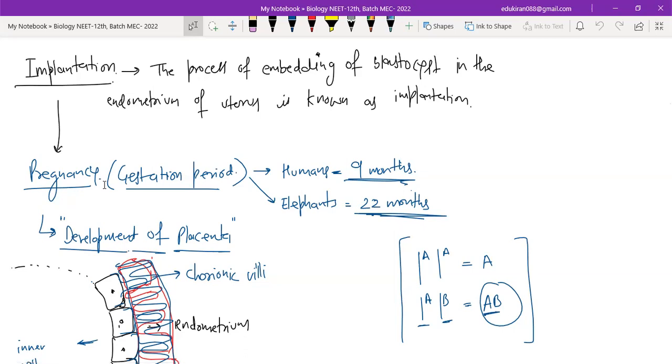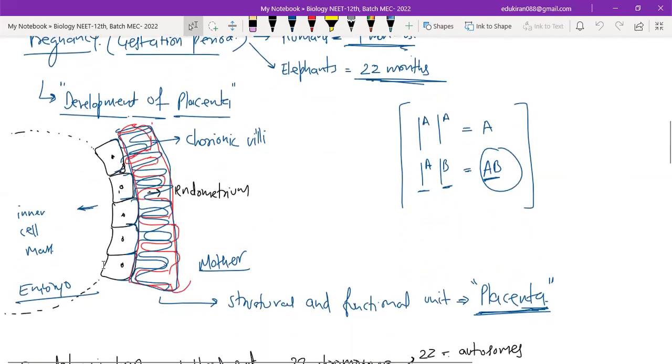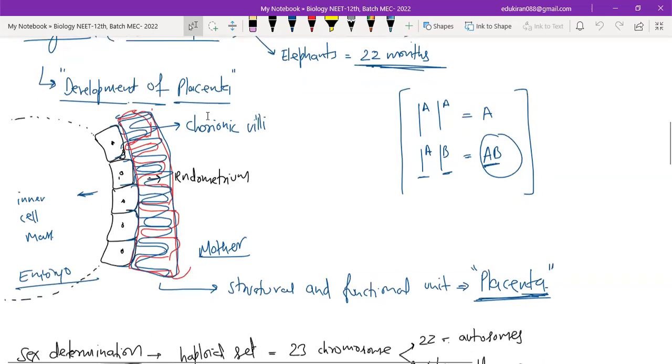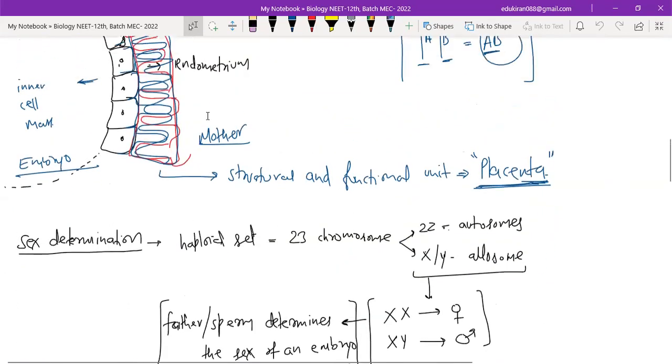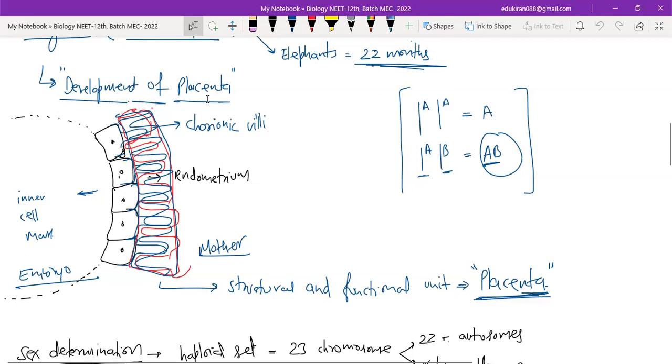Yes. Then what happens once the implantation is done and pregnancy starts? Then what begins? The development of the baby, and then the parturition happens where we conceive the baby. Parturition, we have not reached parturition yet. Development of placenta, remember?